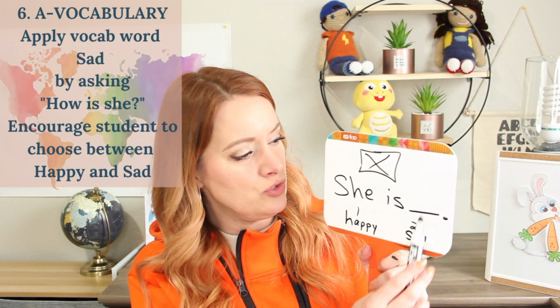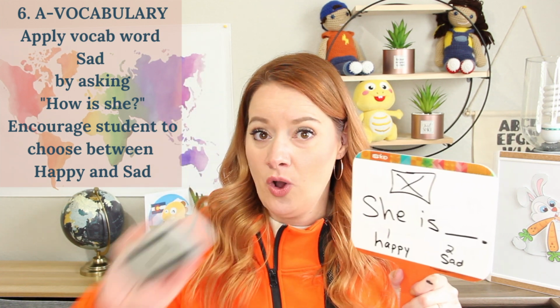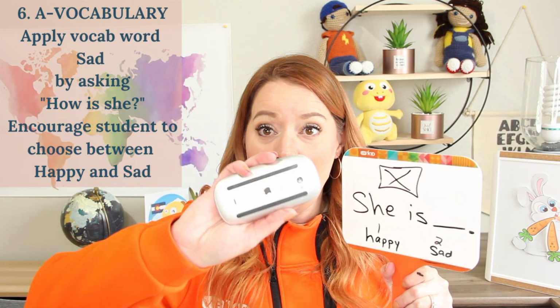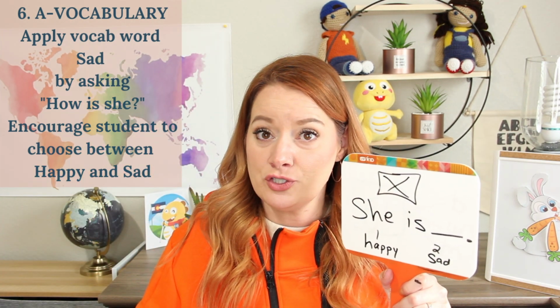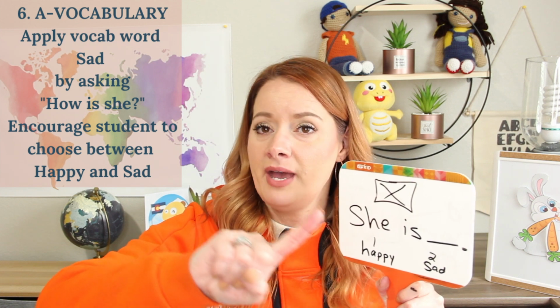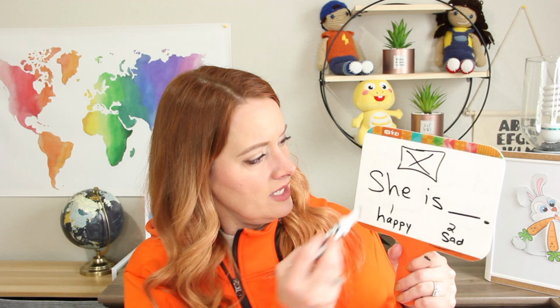And on this one, they drag. So you want to say, Rachel, drag, drag. You also do it with your finger because they might be on an iPad. Drag. This is an interactive lesson, and if for some reason it's not interactive, it's a static slide, you can have them circle it. So Rachel, how is she?